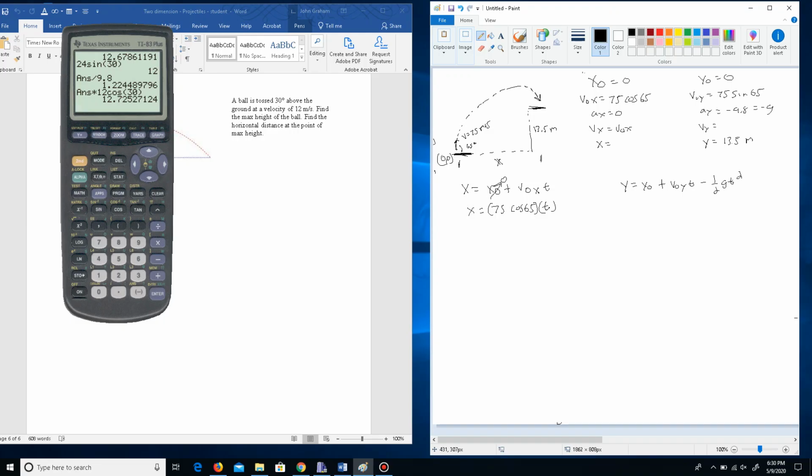So y we know is 13.5. y sub 0 is 0. v sub 0 y is 75 sine 65 t minus 1/2 g t squared. Now, if you notice this, one of the things to notice is if I move everything over to this side, which let me do that.